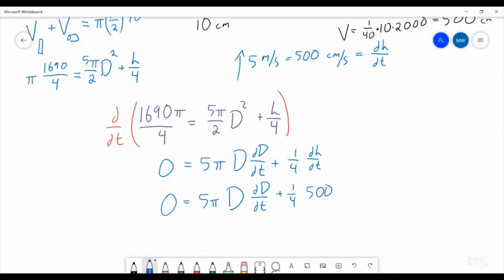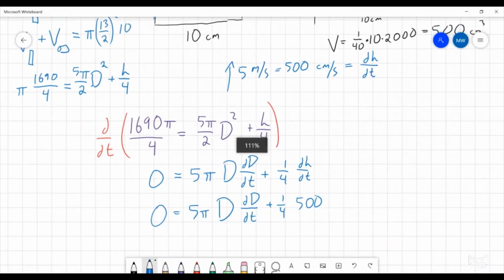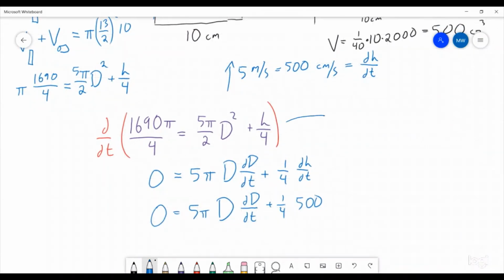Okay, that means all we need to know now is what's the diameter at the specific time we care about. And to do that, we go up to our original equation, which we actually just wrote right here. So we can solve for what d is.